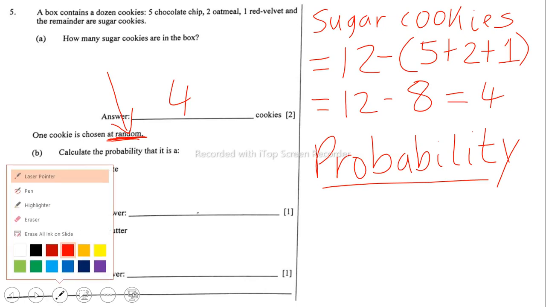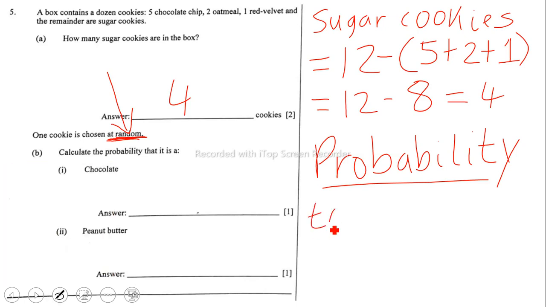Take, for example, something like tossing a coin, right? Is that a random experiment? It depends on how you're doing it. Let's say that it's not weighted, right?